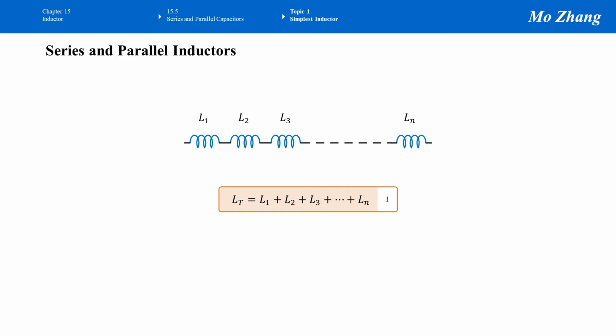If all these inductors are connected in series, the total inductance, let's call it Lt, equals the sum of all these individual inductances. That is L1 plus L2 plus L3 all the way to Ln. We can conclude that when inductors are connected in series, the total inductance is additive.